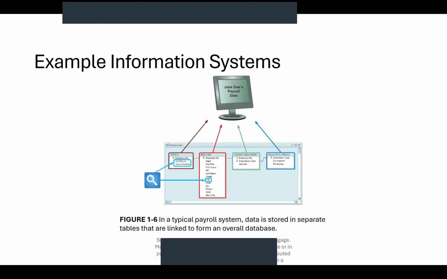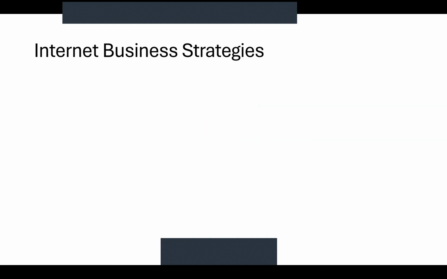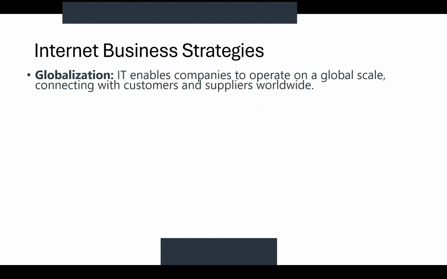Now, information systems generally facilitate businesses. They're used in businesses, and there are many internet business strategies. IT enables companies to operate on a global scale, connecting with customers and suppliers worldwide.